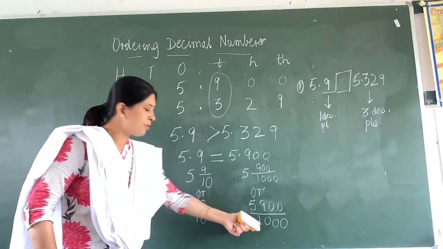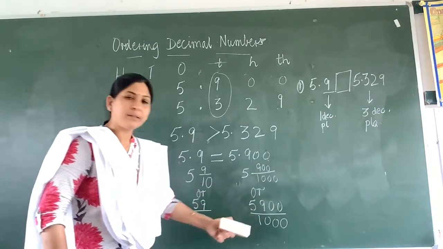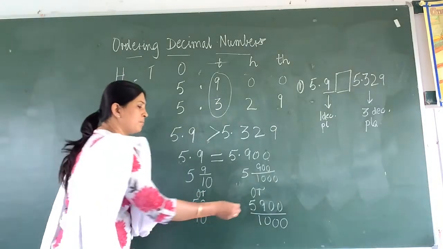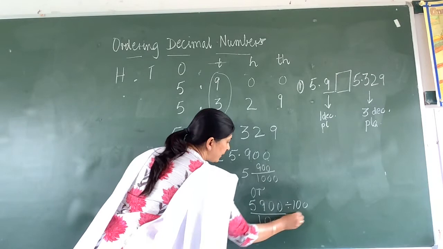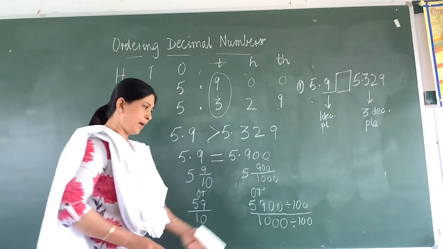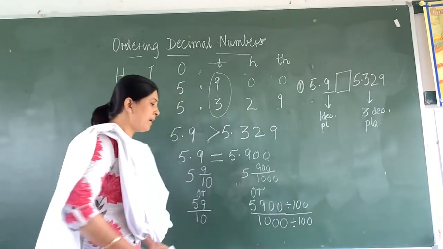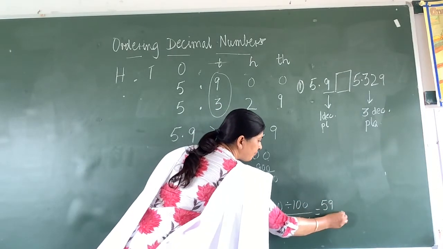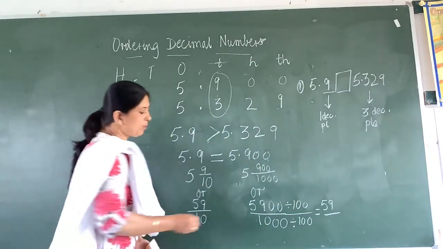If I, children, reduce it, 5,900 over 1000 have a common factor 100. If I divide the numerator by 100 and the denominator also by 100, since 100 is the common factor of both, what do we get? If I divide 5,900 by 100, we get 59. If I divide 1000 by 100, what do we get?